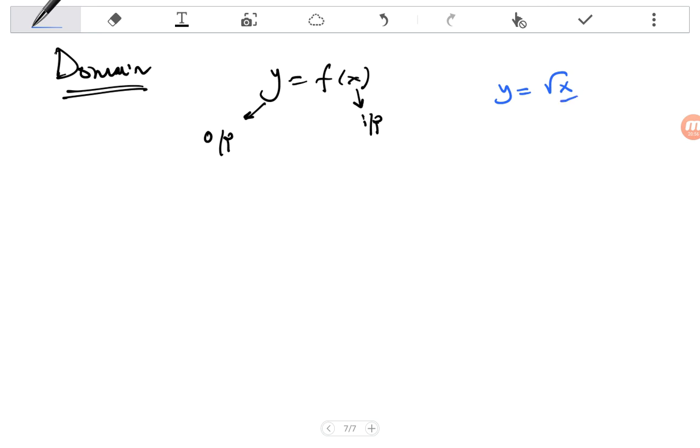Is it allowed to put, for example, root of minus 4? No. In real analysis, which we are studying here, it is not allowed to put a negative number inside the square root. So this is not an allowed value for x.